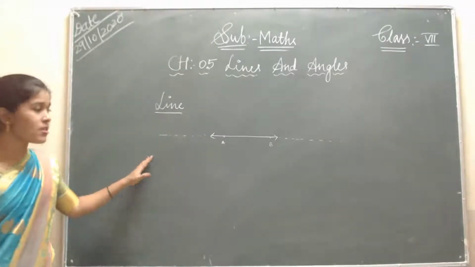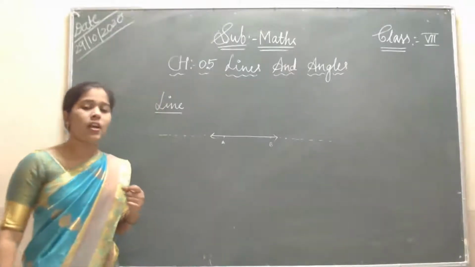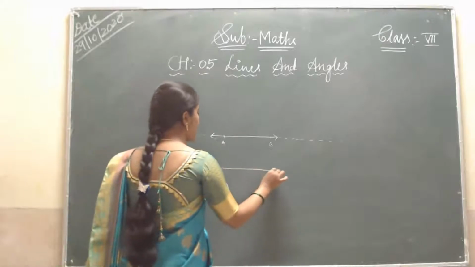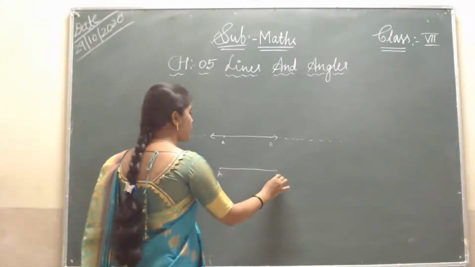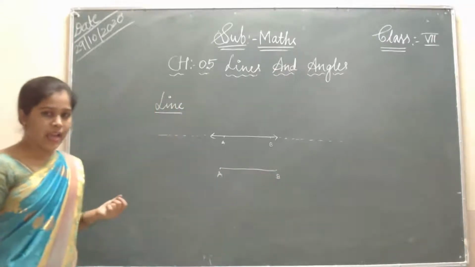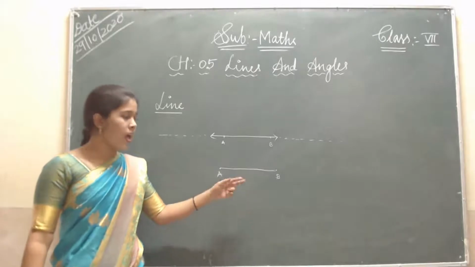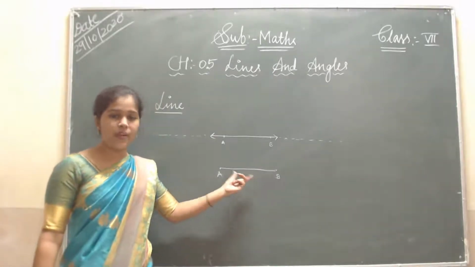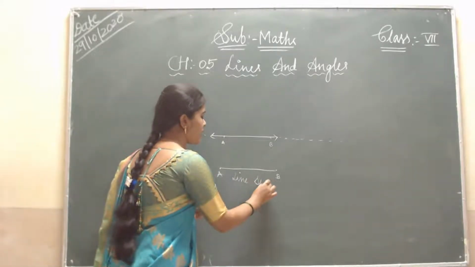So a line is something that extends from both sides. Don't get confused, friends. Here A and B are two fixed points, and the distance between these two fixed points is nothing but a line segment.